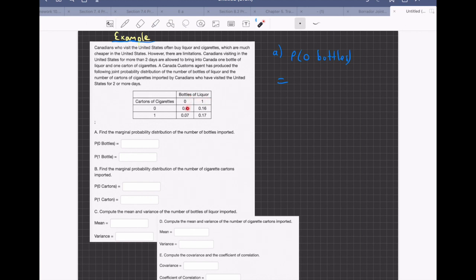So that means these two, right? Here, bottle is 0, add all of this column. Then it's going to be 0.67. And probability of 1 bottle, do the same, but for all the values when the bottle is 1, is 0.33.